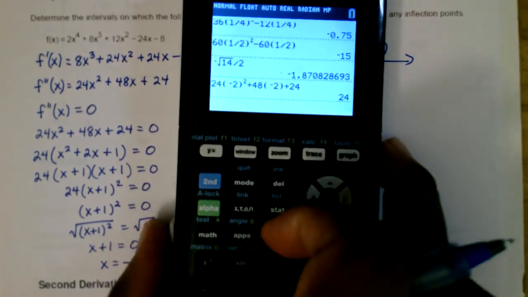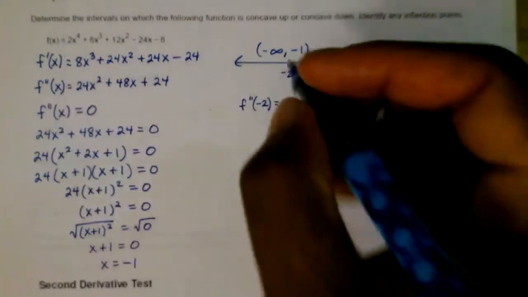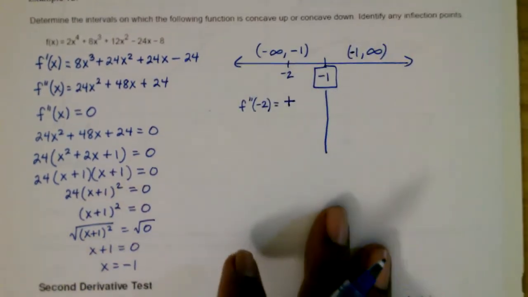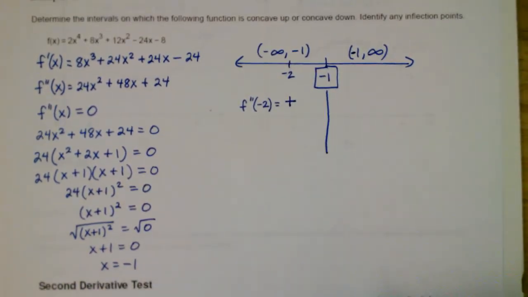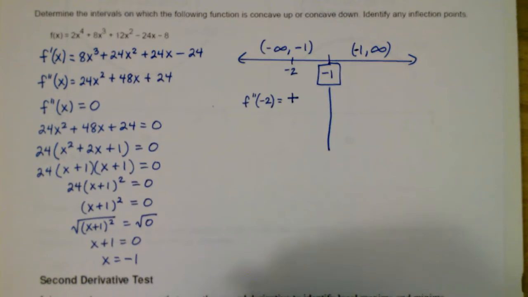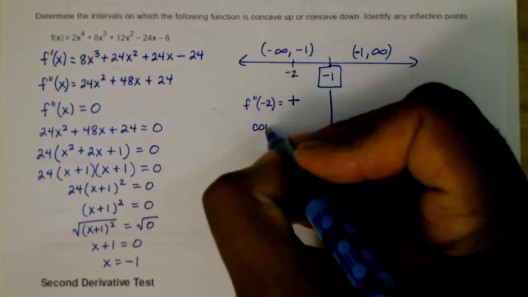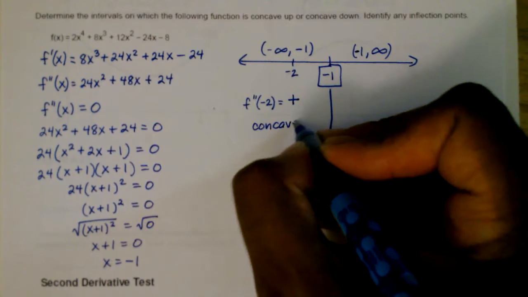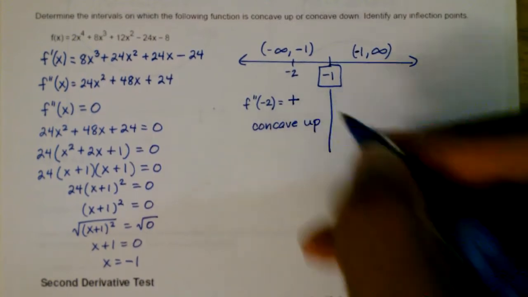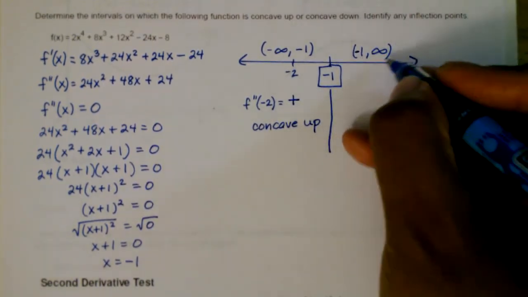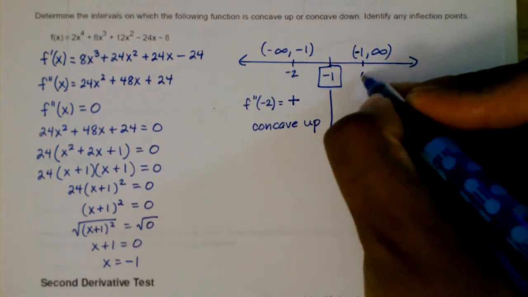Here I came up with a positive value. So at negative 2, it was positive. So from negative infinity to negative 1, all of the values for f double prime of x will be positive, so the graph will be concave up. And now for negative 1 to infinity, let's use 0.